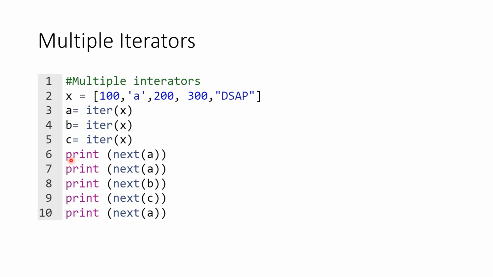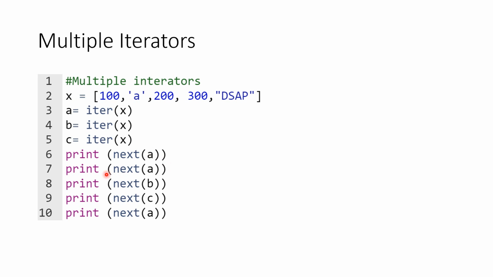Now when I do it for the first time with A, it will get the element 100, because next will iterate through the iterable. X is an iterable, so the first access will be given to the first index value, which is 100.